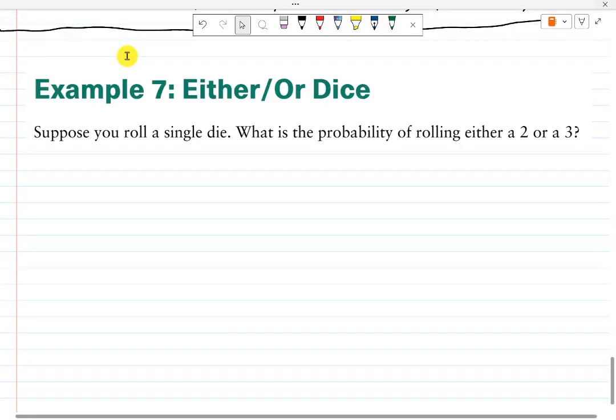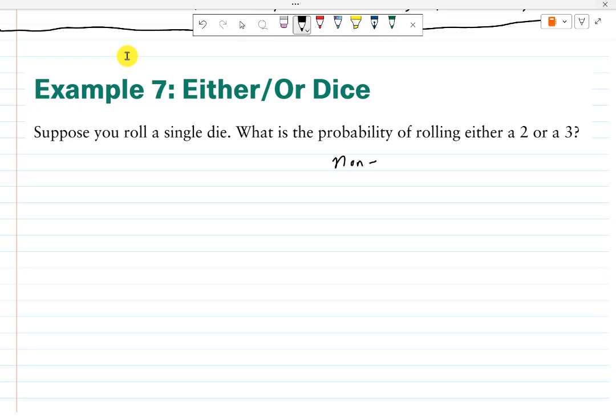Here's an example of non-overlapping events. When you roll a single die, either a 2 comes up or a 3 comes up or some other number. You can't have a 2 come up at the same time as a 3, so these two things are non-overlapping.